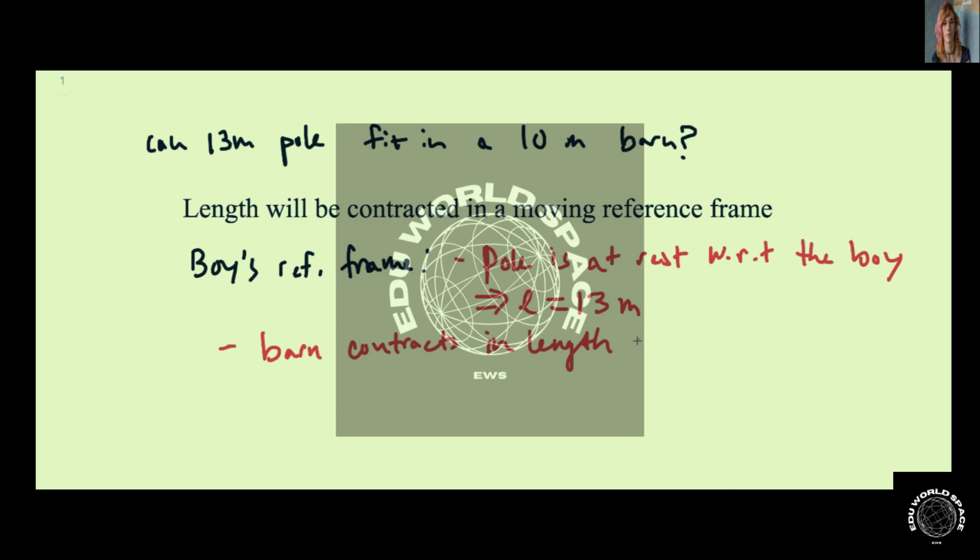So that means that length, let's call this LP for length of pole, and LB for length of barn, which has to be less than its rest length of 10 meters. So in this case, the pole cannot fit into the barn. Okay?